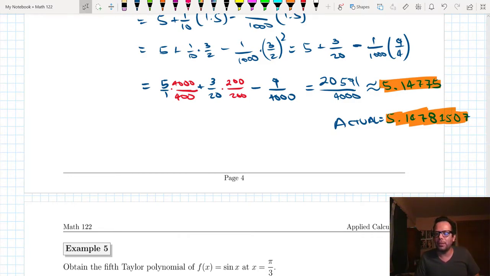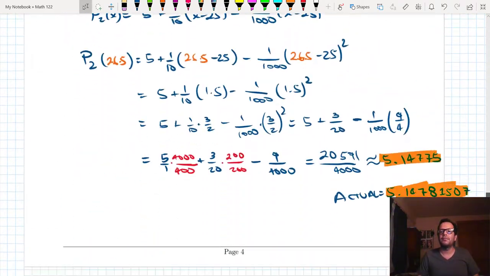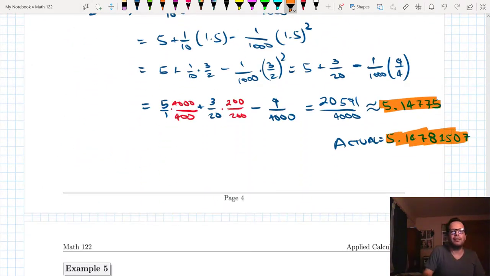compare with the one we got from the linear approximation, 5.15. Okay, so we got P1 of 26.5, 5.15.